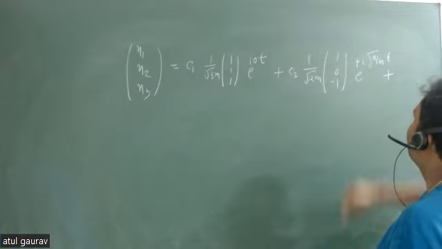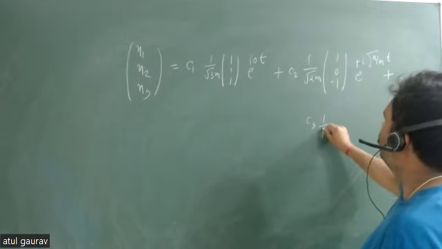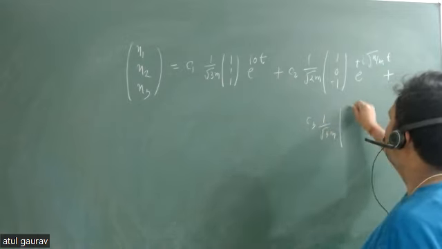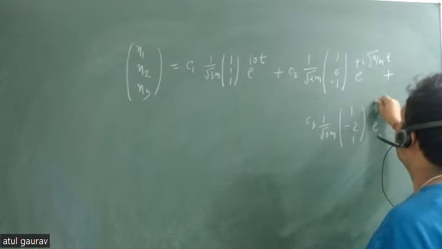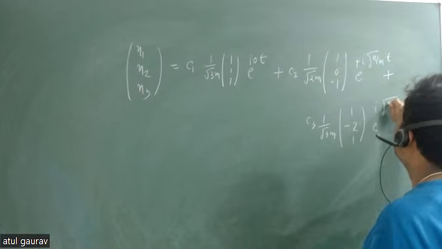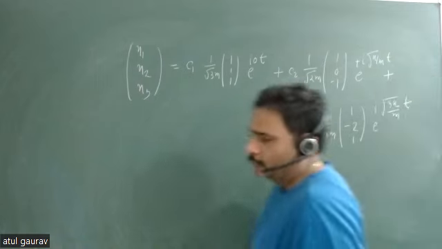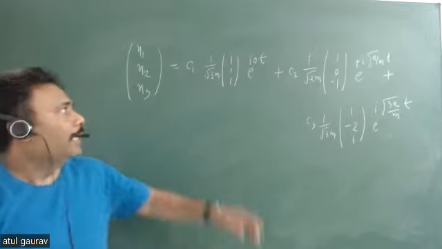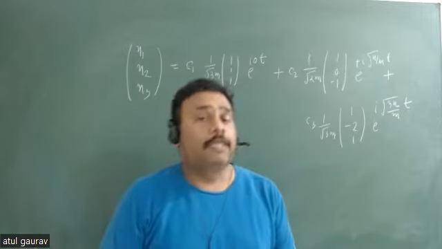And next, plus C3, 1 upon root 6m, (1, minus 2, 1) e to the power i root under 3k upon m into t. So this is your complete solution, and the values of C1, C2, and C3 you can easily find with the initial conditions.